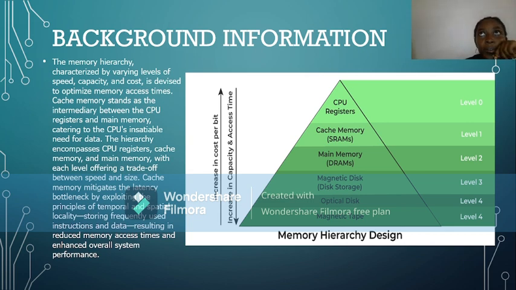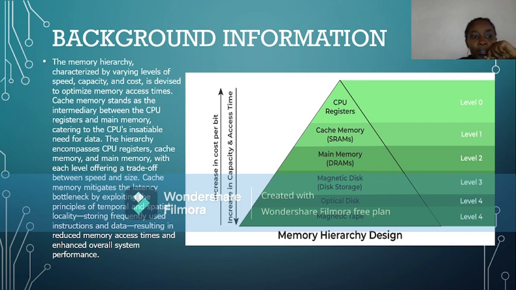The memory hierarchy. A memory hierarchy, characterized by varying levels of speed, capacity, and cost, is designed to optimize memory access times. Cache memory stands as the intermediary between the CPU registers and main memory, catering to the CPU's insatiable need for data.